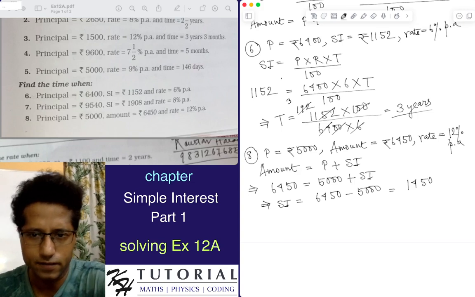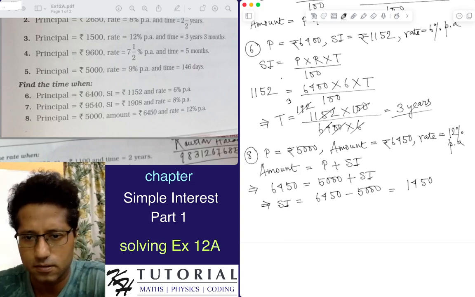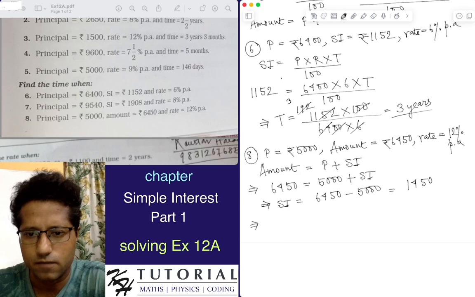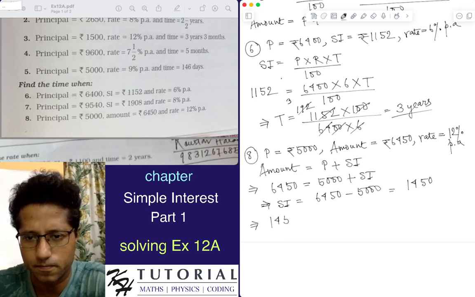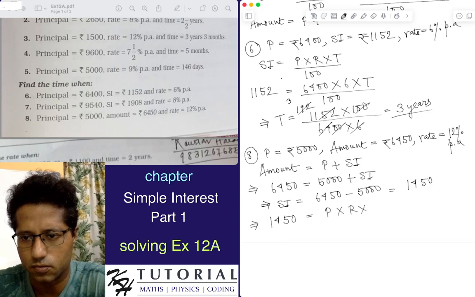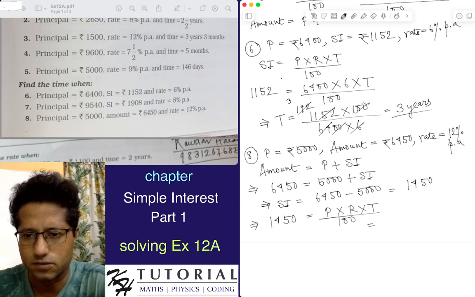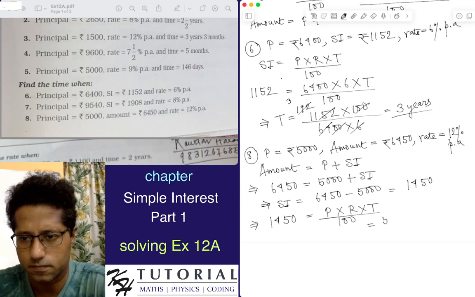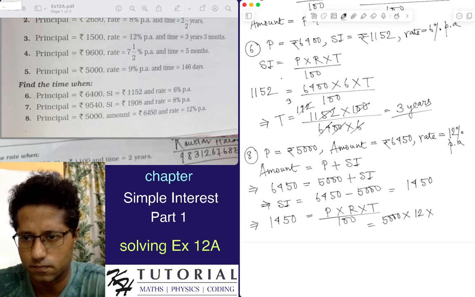Now we have SI. We know that SI equals 1450. It is asking the time. We know that SI equals P into R into T divided by 100. Now if we substitute P, we know 5000, R we know is 12, T we don't know, 100.